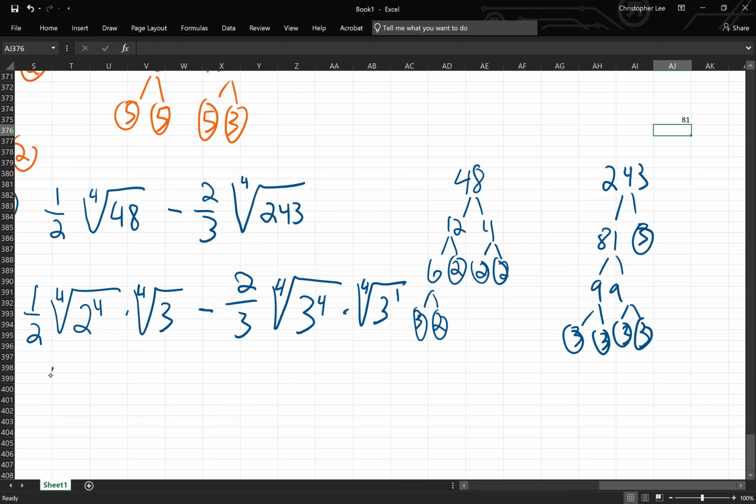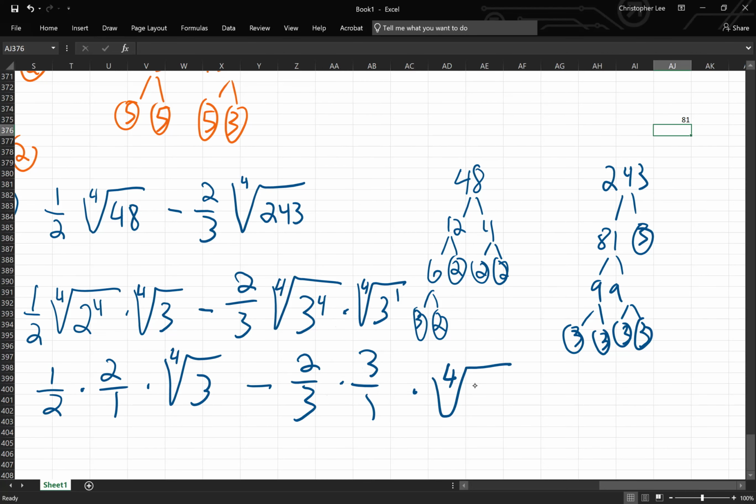So this becomes 1/2 times 2 over 1 times the fourth root of 3 minus 2 over 3 times 3 over 1 times the fourth root of 3. All right. A little bit of math. 1/2 times 2/1 is just one.